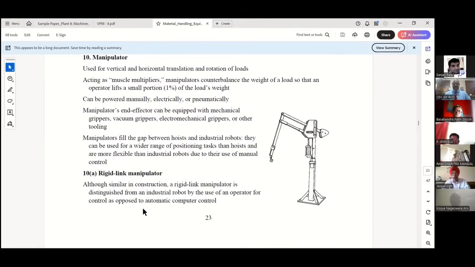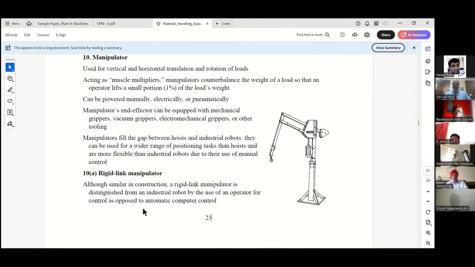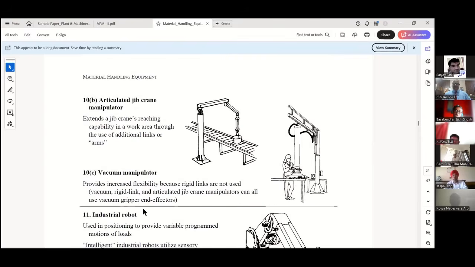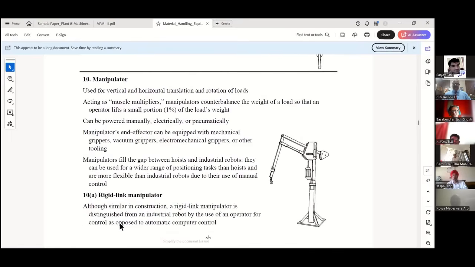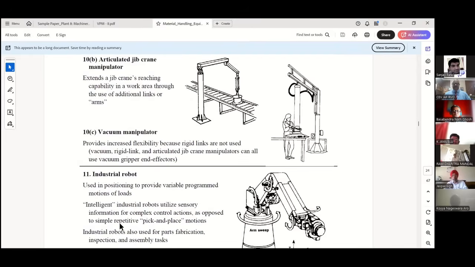Manipulator, again, pick and place, just like a robotic arm. Jib cranes, okay, it is a one-arm crane, industrial robots, which give you three axial movements.